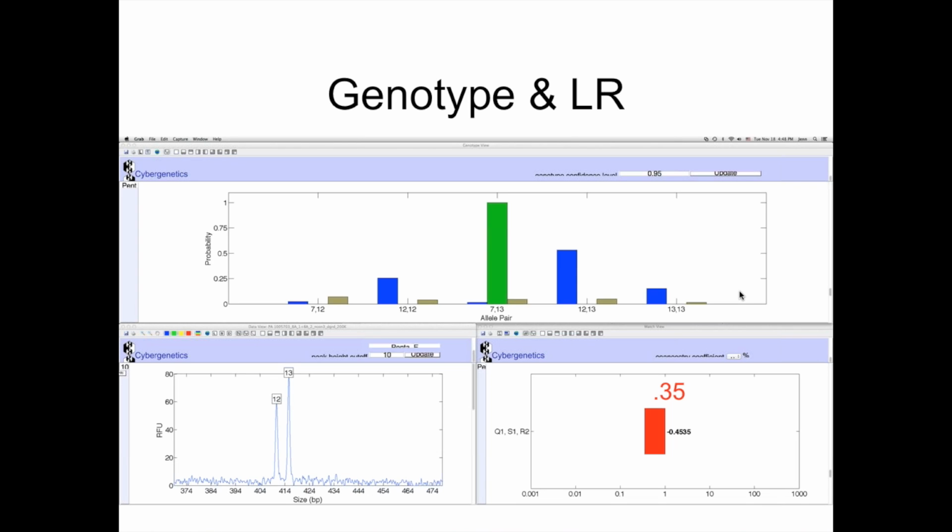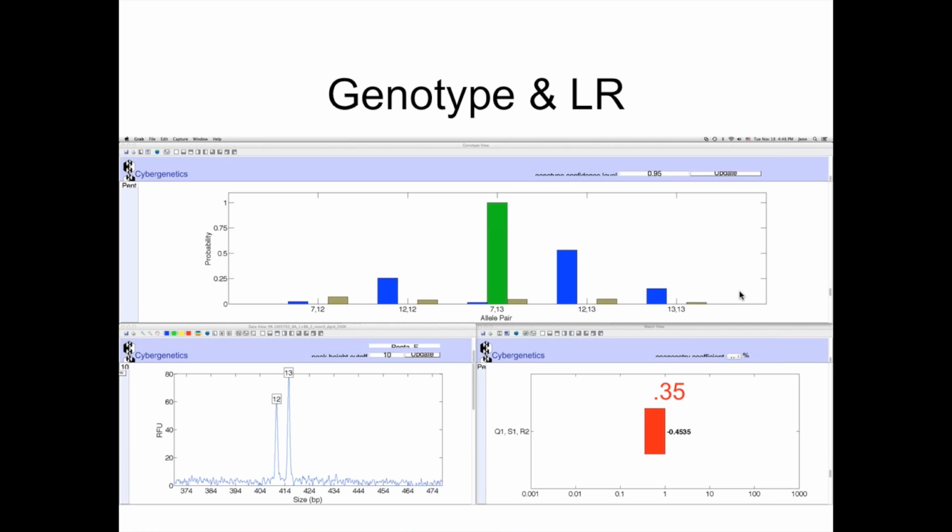It's a 12, 13 data peaks at low levels, 60 and 80, and so most of the probability, as we see in the top middle, was placed at the 12, 13 allele pair. A 12, 12 is possible, so that gets about 25% probability shown on the top left. And a 13, 13 is also possible. And so we see a taller blue bar at around 15% there as well.